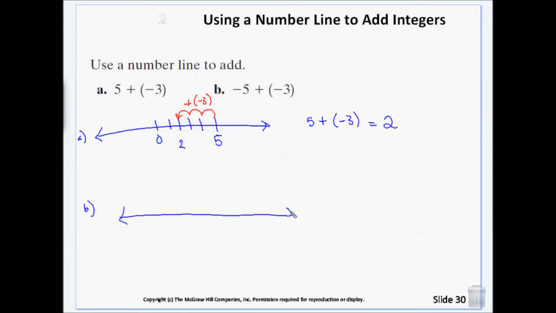And if I start at negative 5, then I add negative 3, so I have 1, 2, 3 again. That lands me on negative 8. So negative 5 plus negative 3 is equal to negative 8.